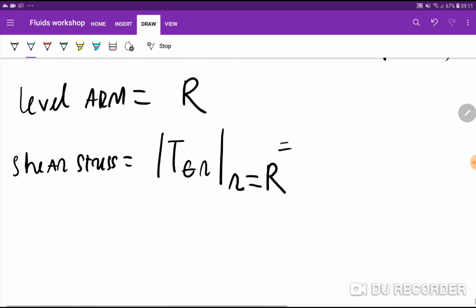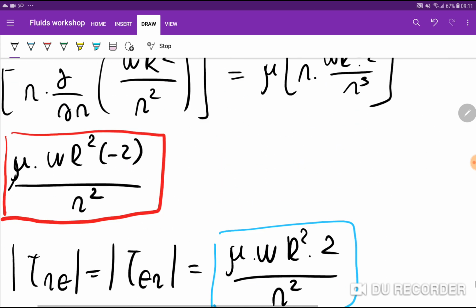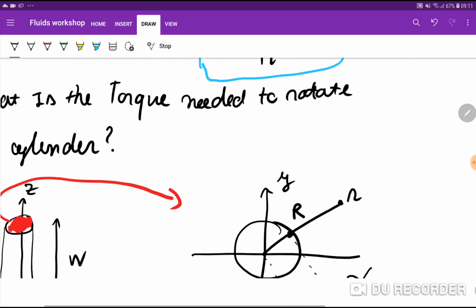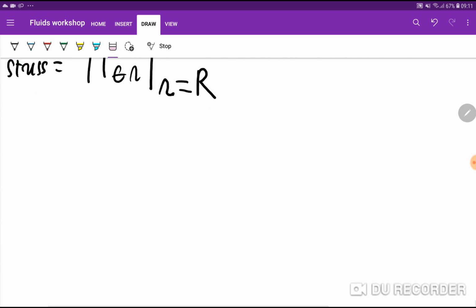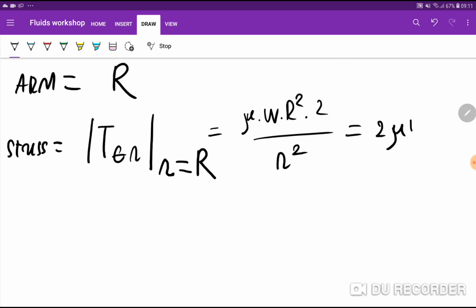So you get mu, not rho, mu times omega times r squared times 2 over, you substitute in, R squared, so you get 2 mu omega.